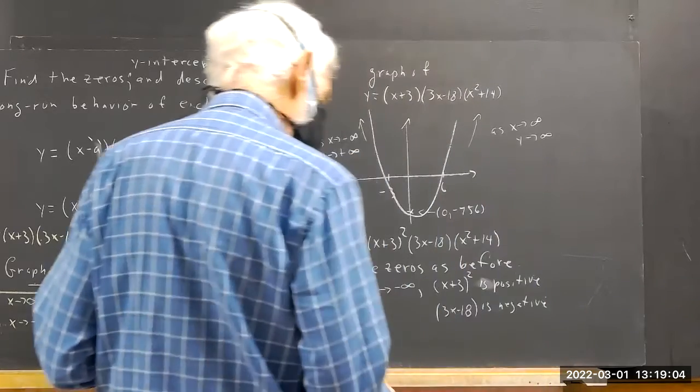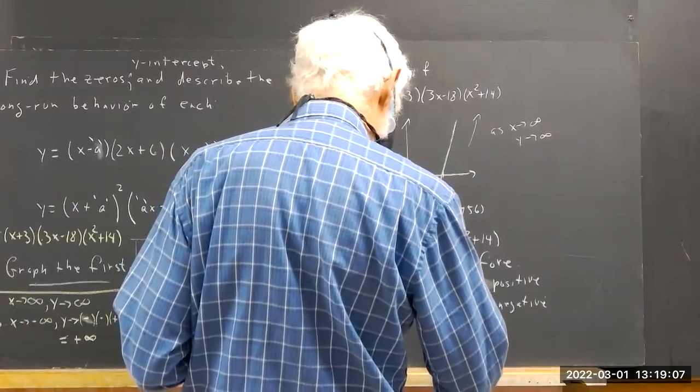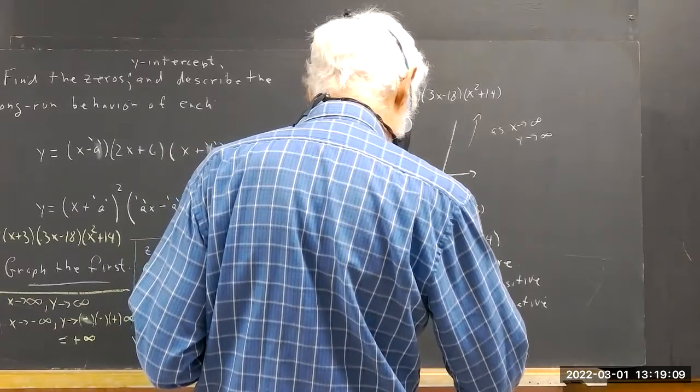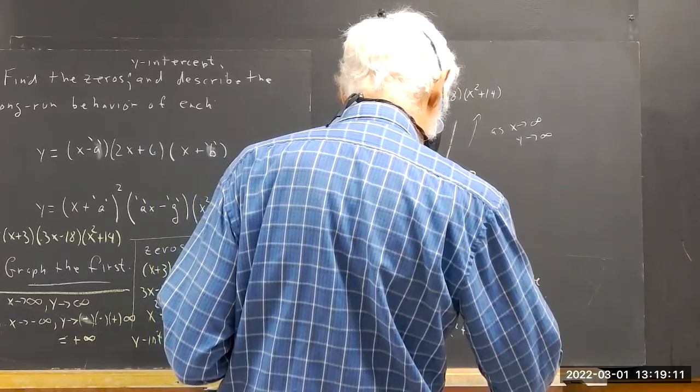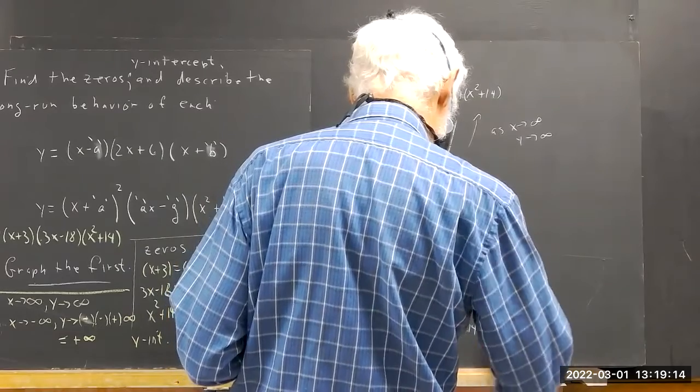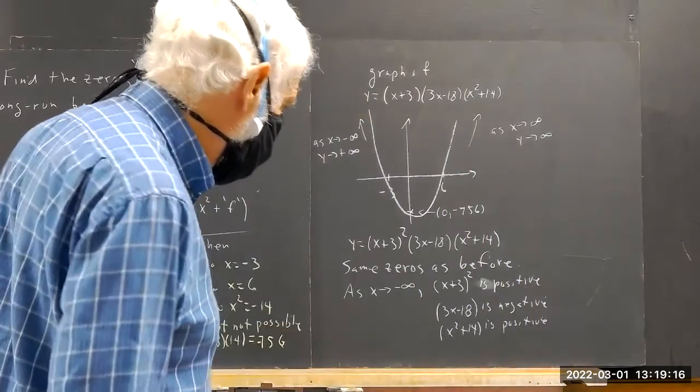And 3x minus 18 is negative. And x squared plus 14 is positive, right?